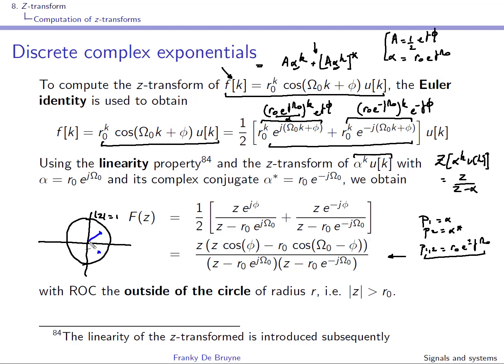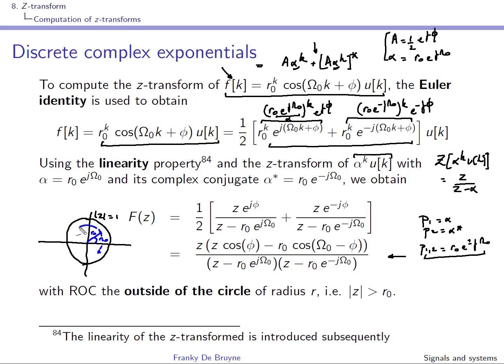This is r0, and this is omega 0. To obtain the region of convergence, you take the maximum radius. So obviously here it's r0. You construct a circle.